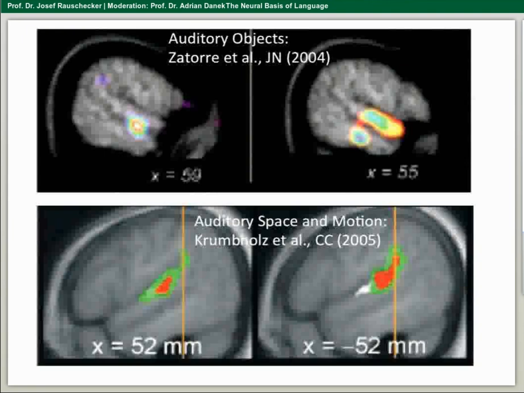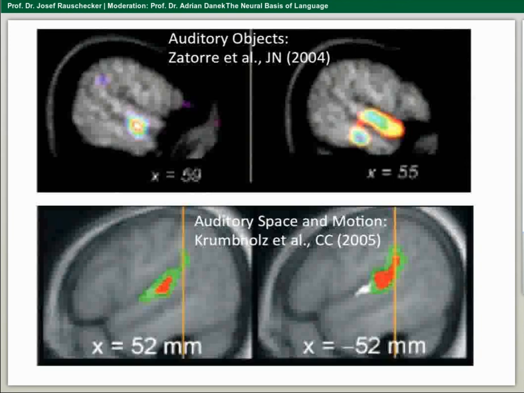There's a very prominent lab in Montreal at McGill University, Robert Zatorre's lab, who didn't want to disprove us, but did complementary experiments and came to very similar results: that the anterior part of superior temporal cortex is very good at discriminating different complex sounds, including speech sounds.